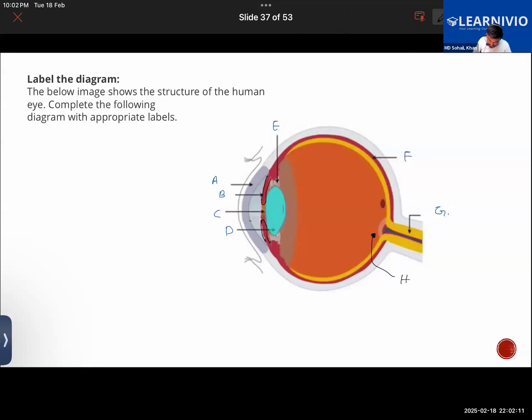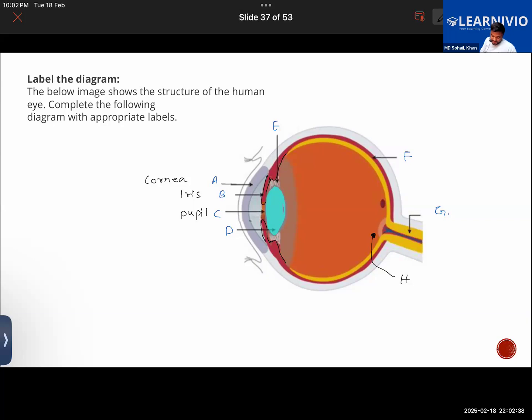A is like which one? This over here. Okay. A is cornea. Good. B is iris. Okay. C is pupil. Did you mention pupil in your diagram? I don't think so. No, you should have mentioned.